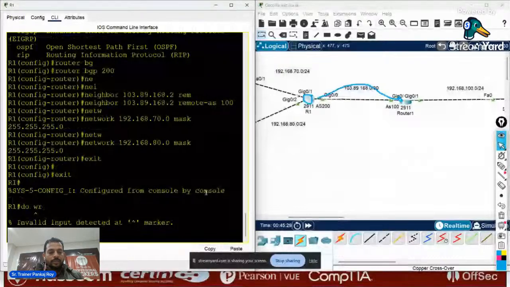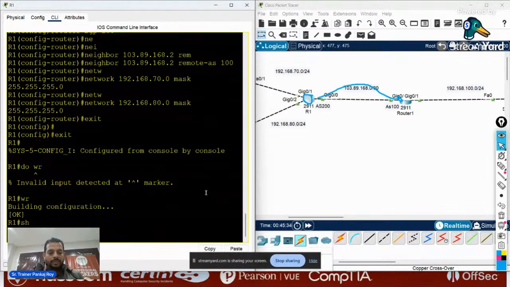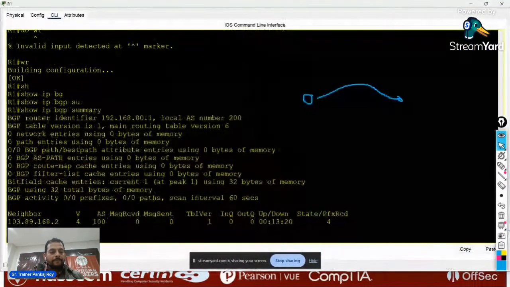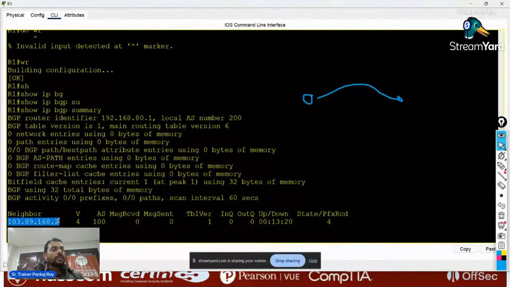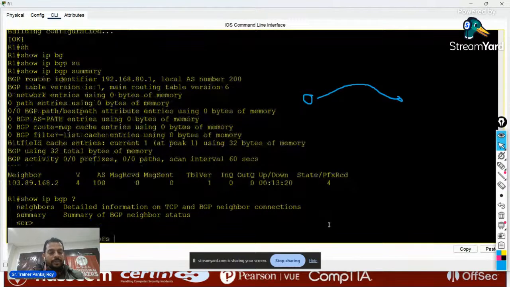So check and do the WR. Now WR to save. Now I want to check show ip bgp summary. Look at that, this is the summary. This is my router, AS number 2, version 4, AS 100, table version 1, and 4 prefixes allocated. Even in the BGP database, just give the question mark, network, BGP networks is this.